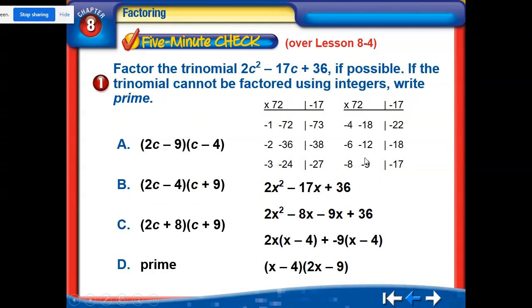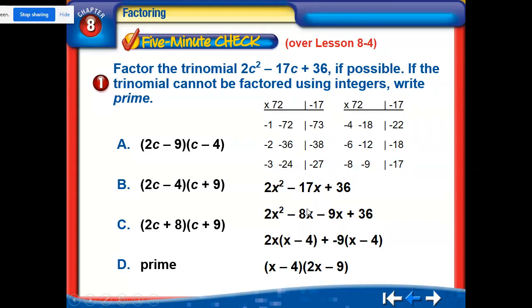Now, even though sometimes we want to call it prime, we do need to go through all of our factors. So 2 and 36 is 72. So I start with 1, then 2, then 3, and this one's looking prime. 4, 5, 6. I got to the last one before I found the one that worked. Okay, negative 8 and negative 9 worked and gave me negative 17.